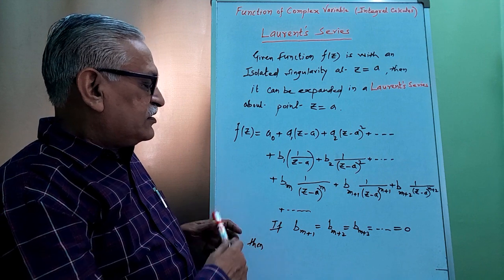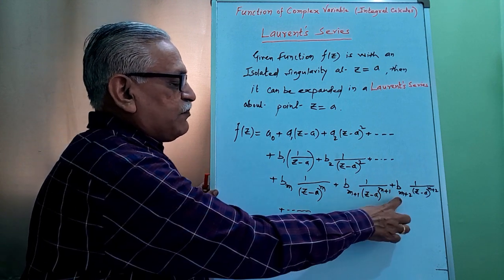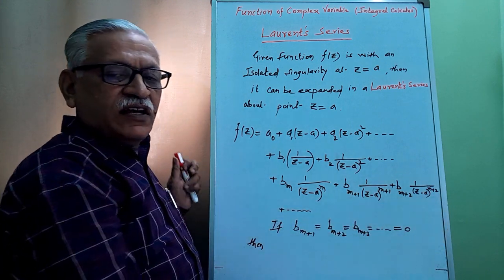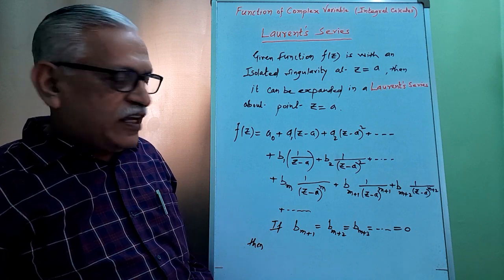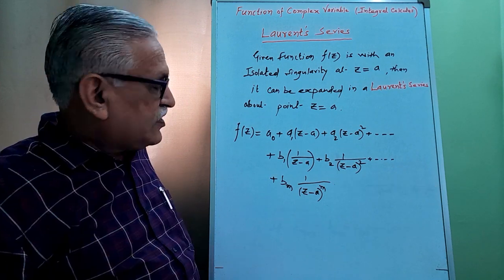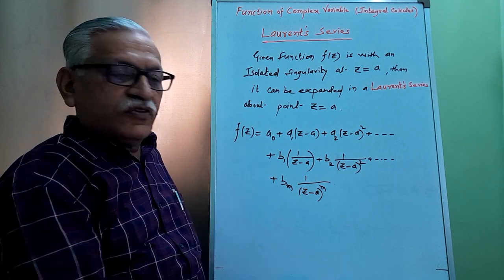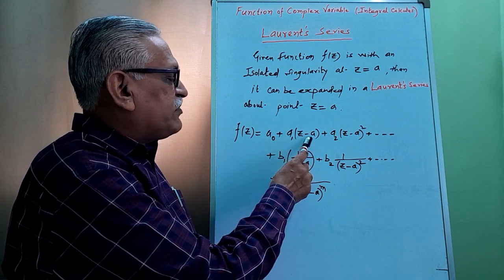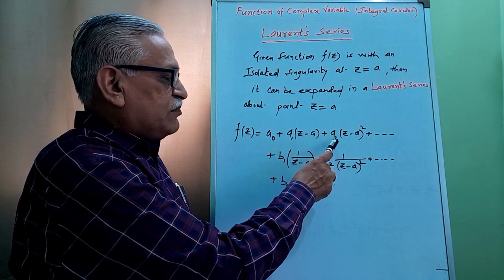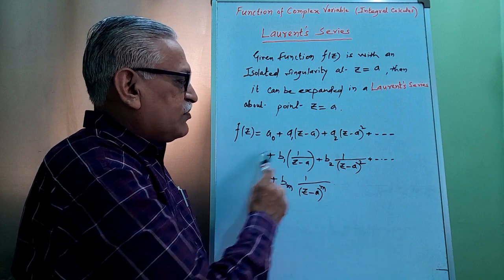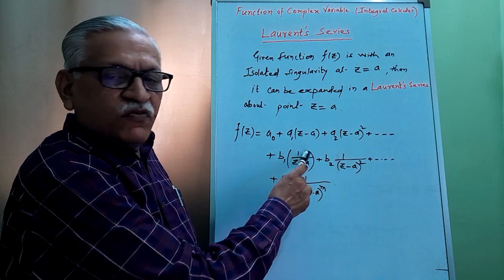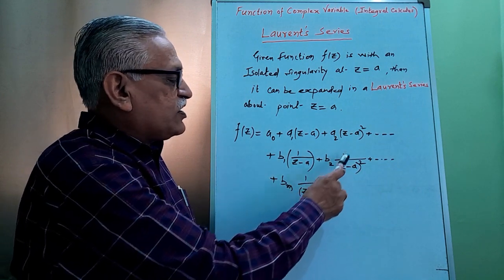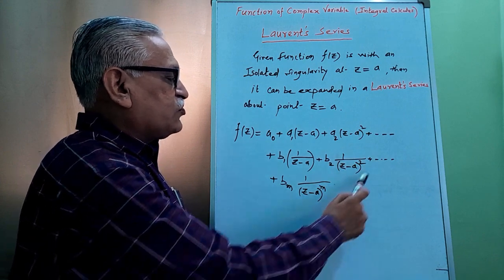And if b(m plus 1), b(m plus 2), b(m plus 3) all are equal to 0, then we get f(z) equals a0 plus a1 into (z minus a) plus a2 (z minus a) whole square plus so on. Next one, b1 1 upon (z minus a) plus b2 1 upon (z minus a) whole square, and so on.